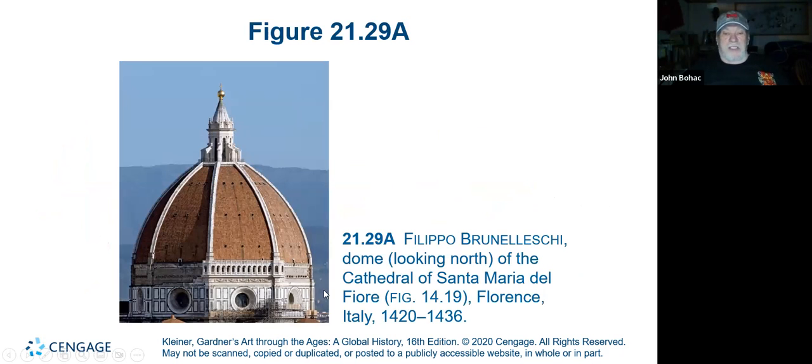this is the famous cathedral dome, Cathedral of Santa Maria del Fiore. This was done by Brunelleschi, the guy we started off with, the Sacrifice of Isaac, who lost the competition, but he ended up doing a lot of other things, including teaching some of the painters about one point linear perspective.